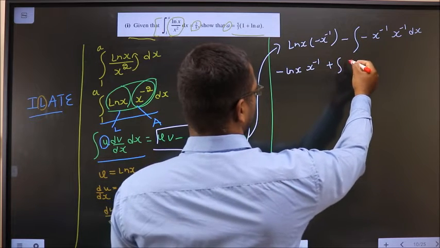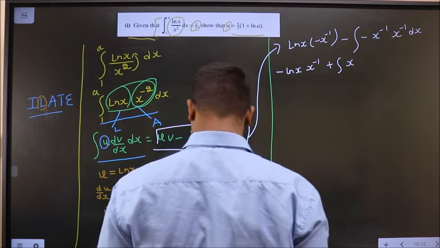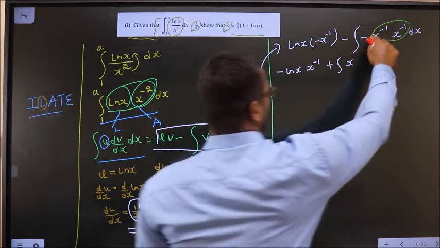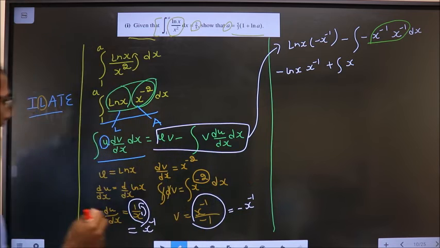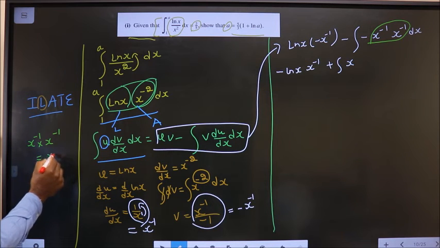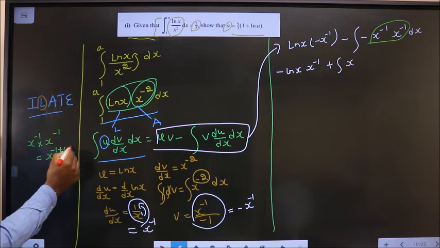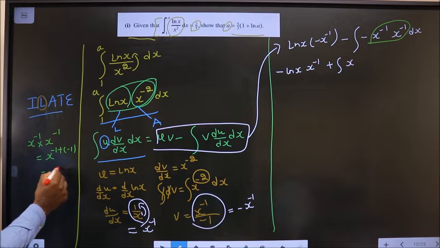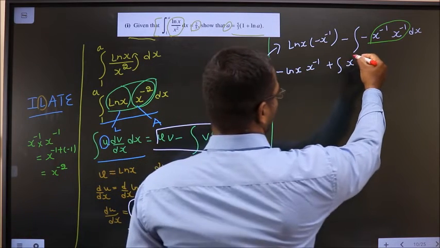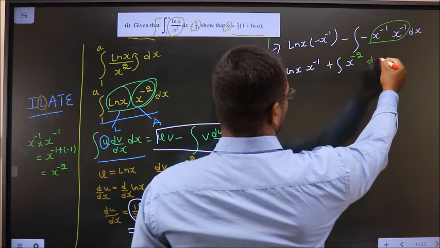Integration of x power minus 1 and x power minus 1, what will it result in? Bases are same, you will add the powers. Minus 1 plus minus 1 will be x power minus 2, so x power minus 2 dx.